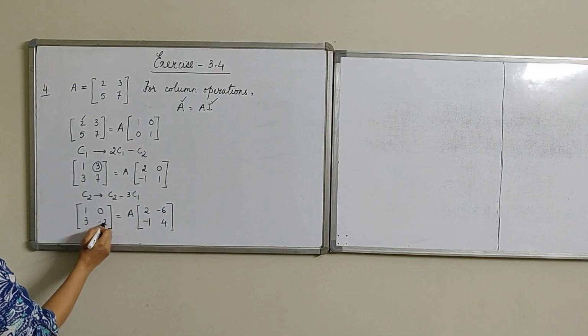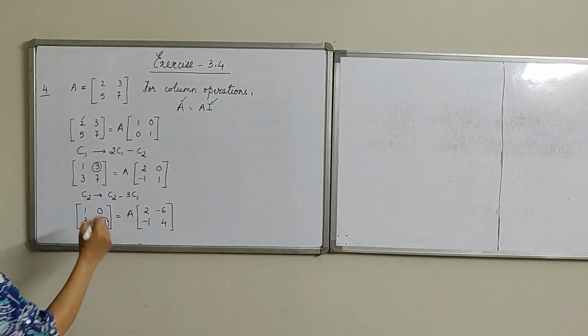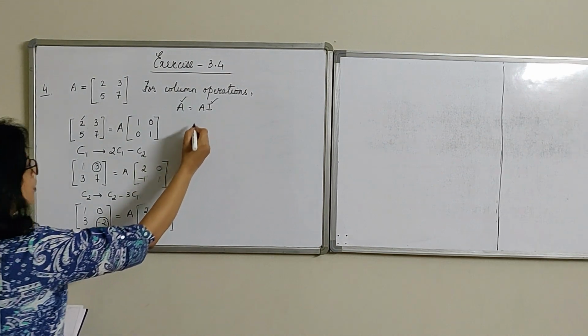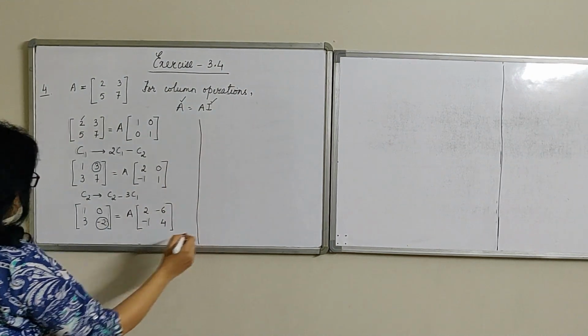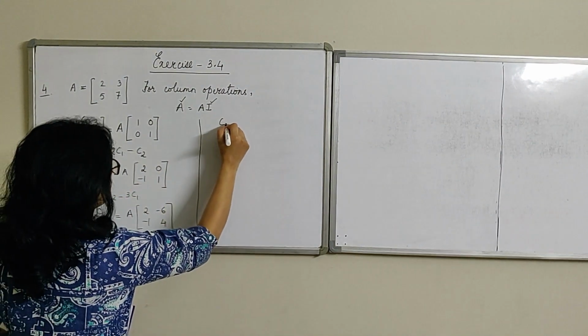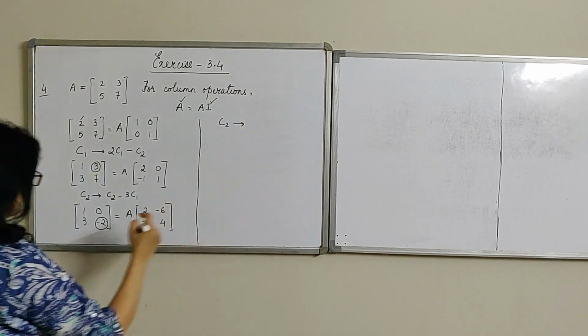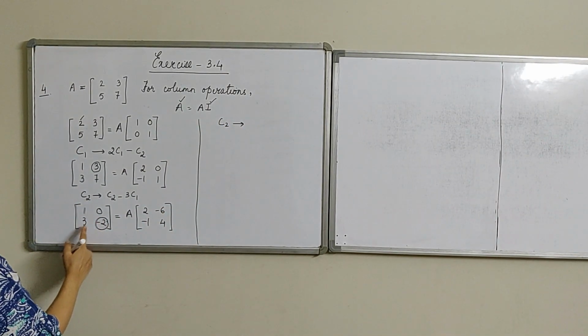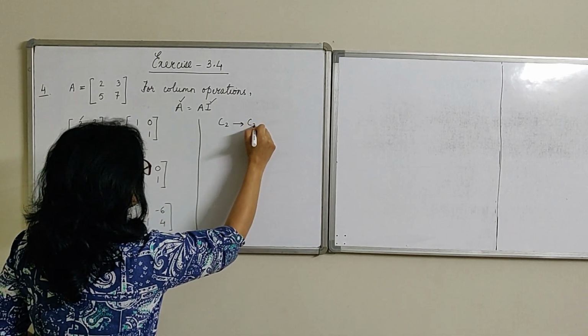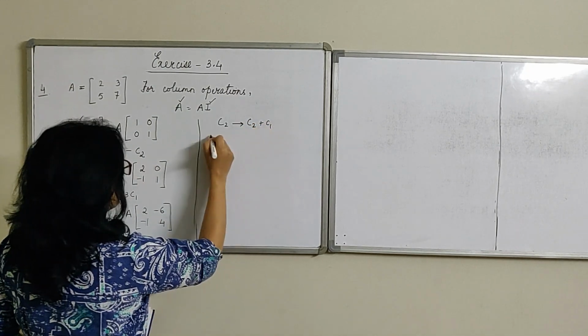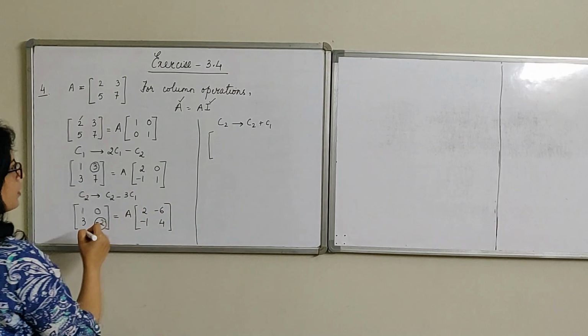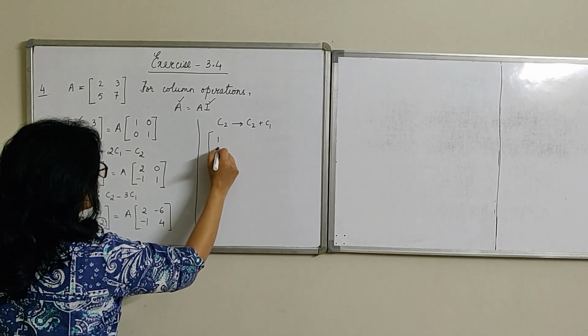Now in the second row, we want this element to be 1. So for this, because the element is in the second column, this plus this element will give us a 1. So C2 plus C1. First column will remain as such.